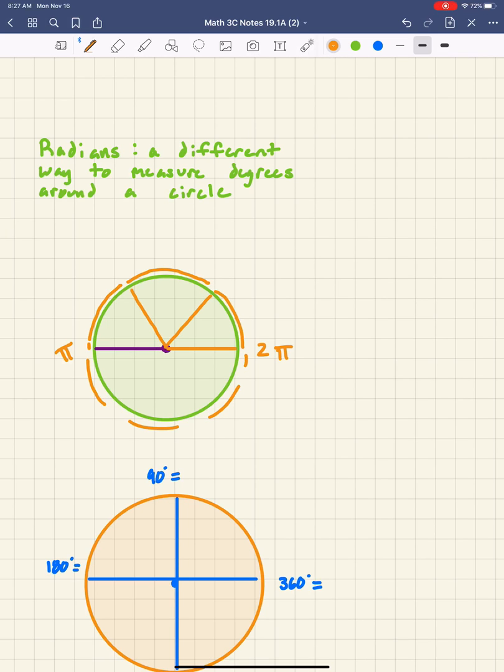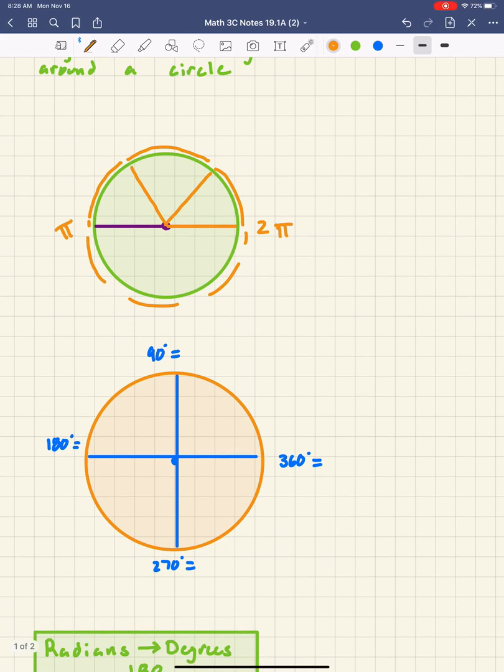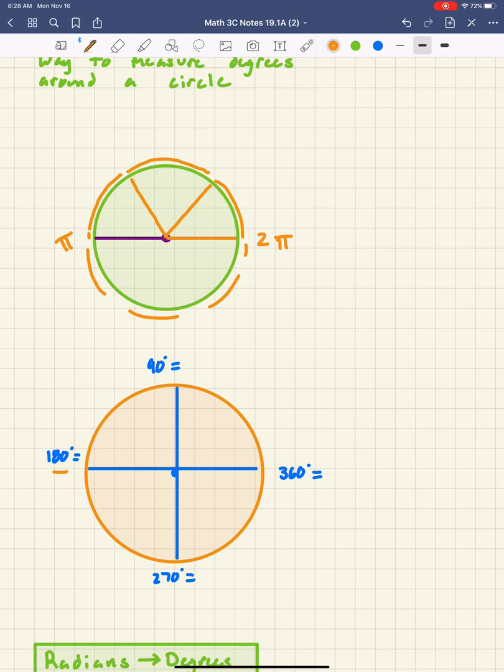What I want you to focus on is that 180 degrees is the same thing as pi in radians, because it takes us pi radius strings to get halfway across. And then 360 would be 2 pi, all the way around the circle. Maybe you remember the circumference formula, 2 pi r. That's where that's coming from.